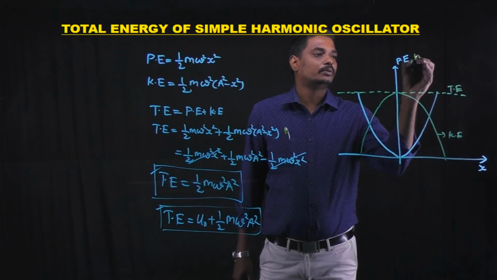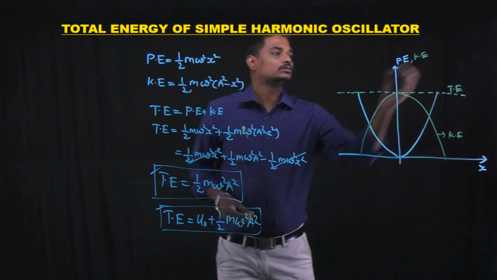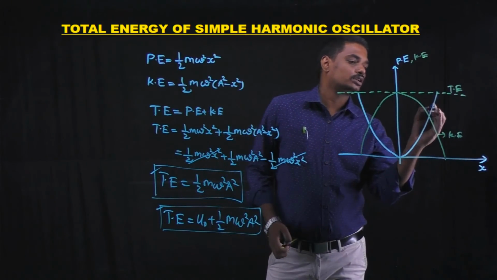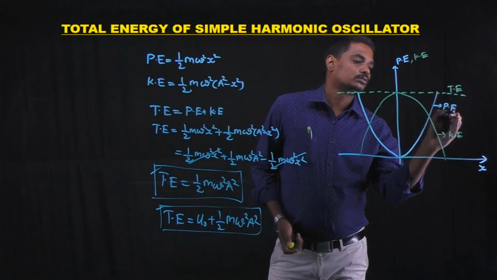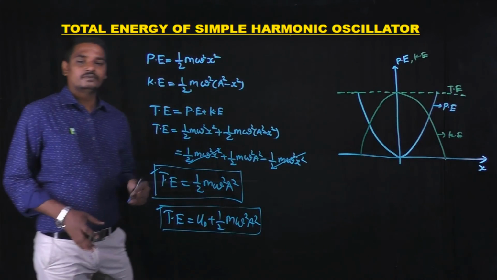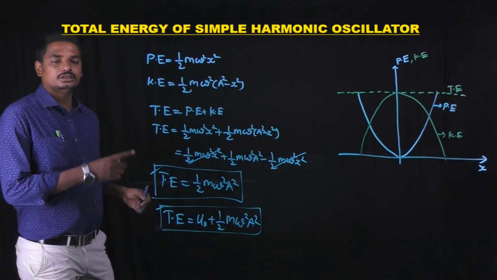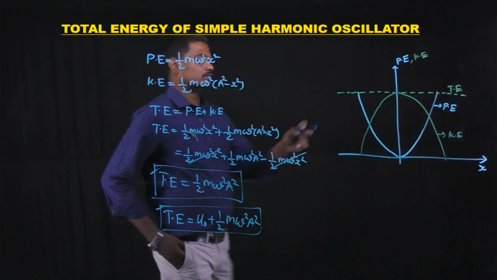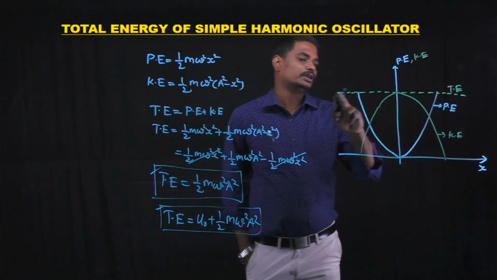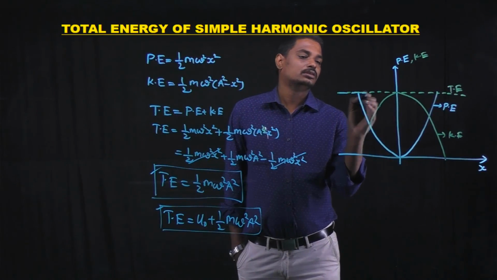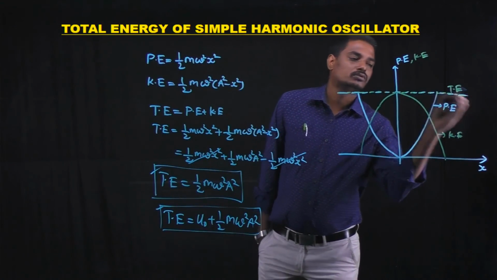Kinetic energy is represented with this color, and this is the curve representing potential energy. So this is the graph in which all the three energies, potential energy, kinetic energy, and total energy are represented. With respect to any displacement, the total energy remains constant, and this is the graph of total energy.